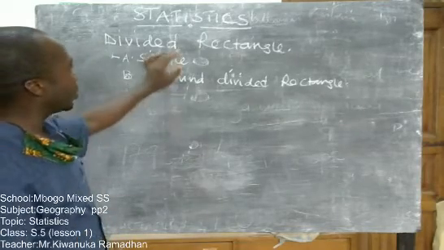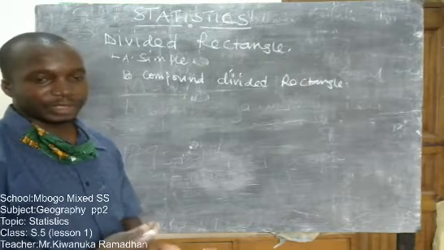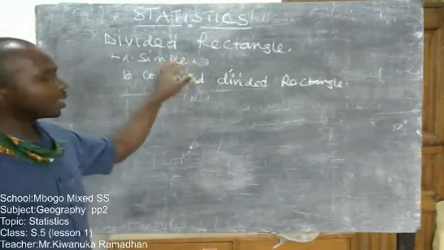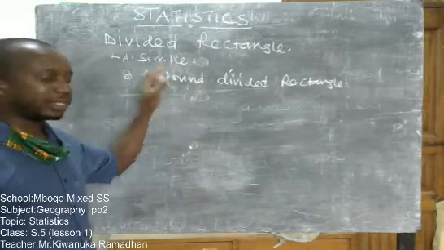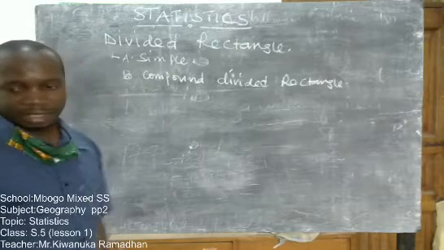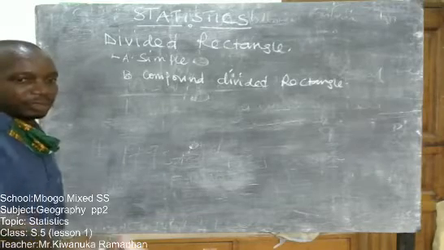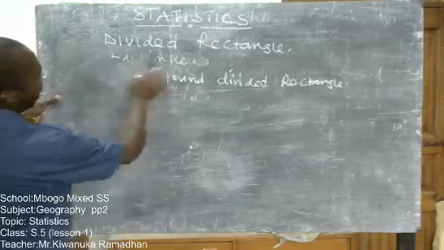Today we want to look at the simple divided rectangle, then we see the construction procedure. And after mastering the simple divided rectangle, then we are going to look at the compound divided rectangle. So you can look at that question that we have right there.